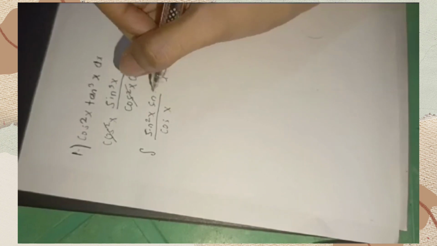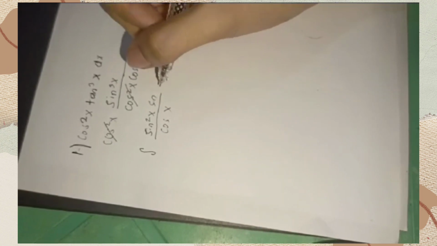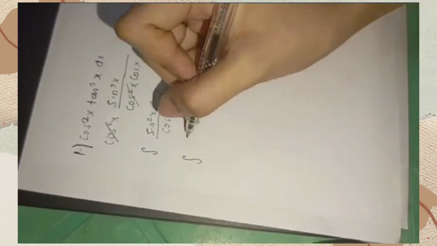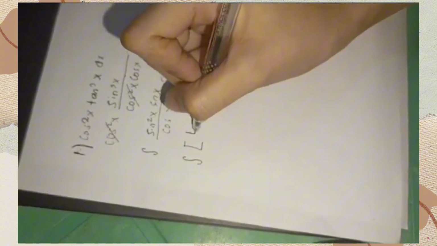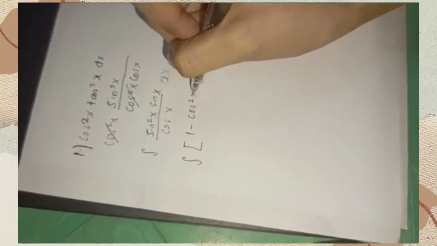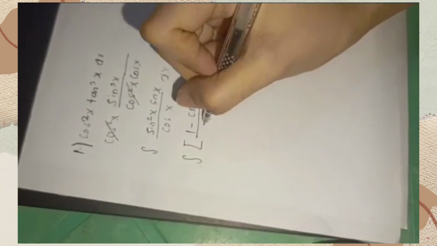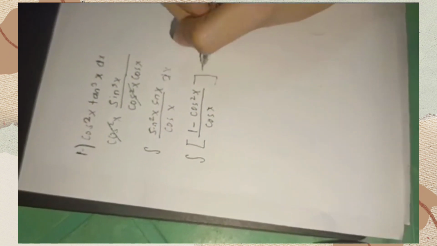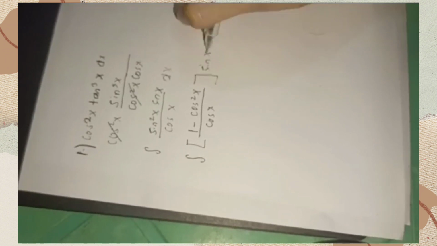The sine squared x is equal to 1 minus cosine squared x, times sine x. So the integral of 1 minus cosine squared x all over cosine x, then we set aside the sine x dx.